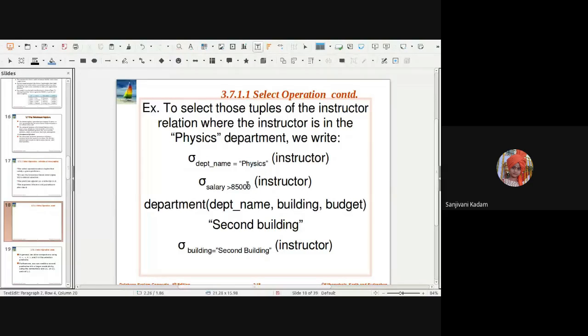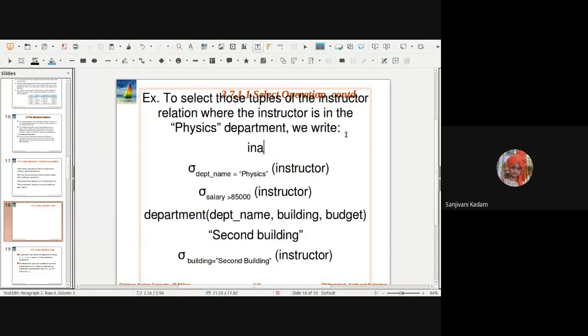Physics is a string, while 85,000 is an integer value. And for a column name, you need not mention it as a variable, just like in a programming language: if I write int a, I need not mention that a is a variable.